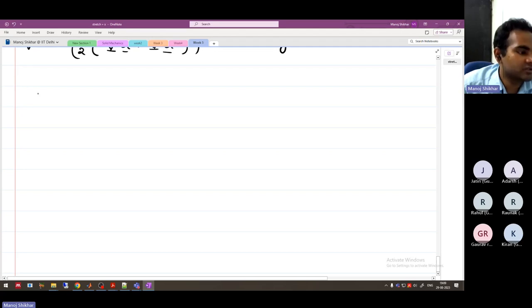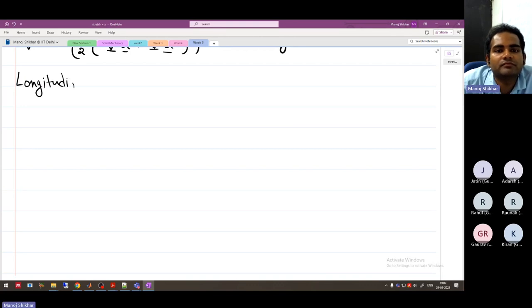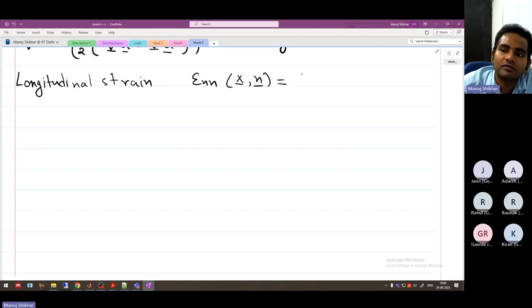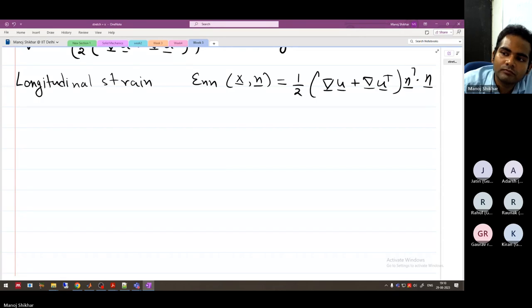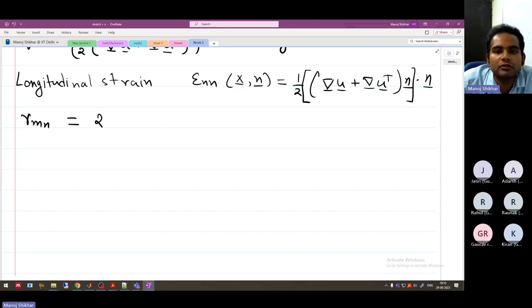So essentially, three things to keep in mind. Longitudinal strain along direction n, that is, the direction of the line element is n, is 1 by 2 of gradient of U plus gradient of U transpose. The shear strain gamma mn, or what I was writing earlier as alpha mn, is 2 times the same term between m and n.